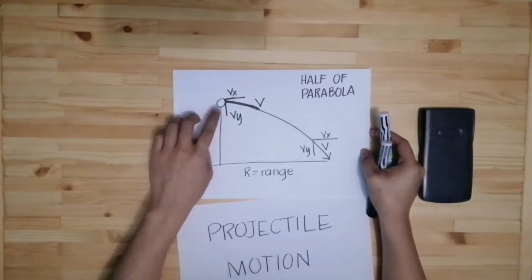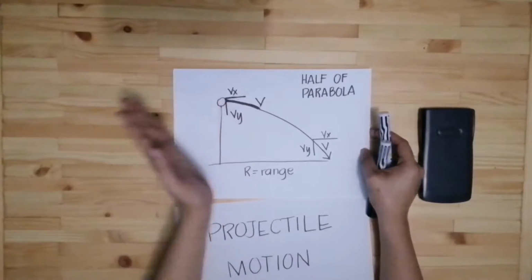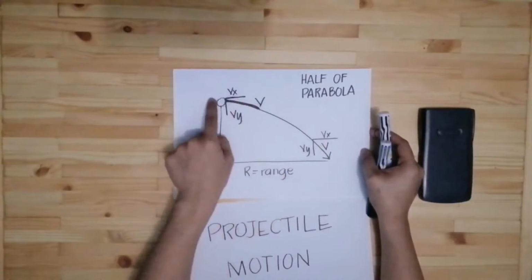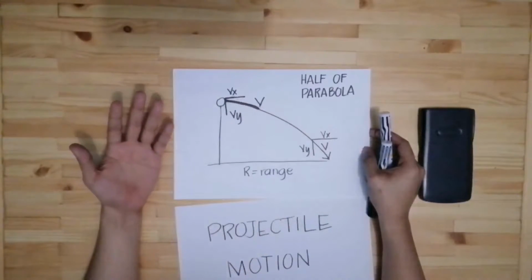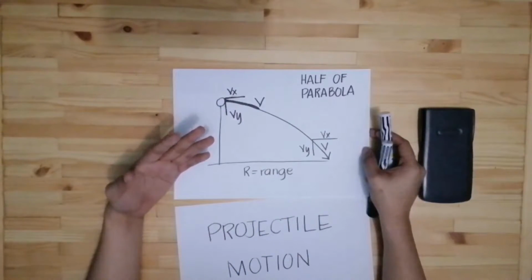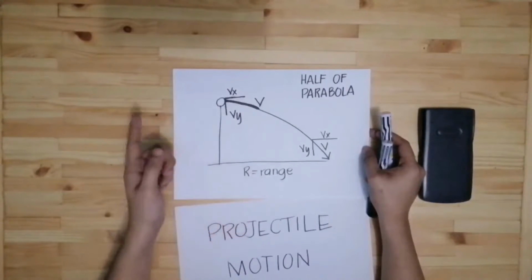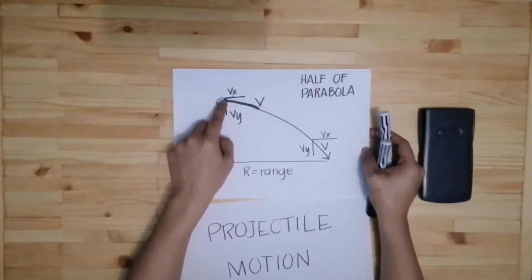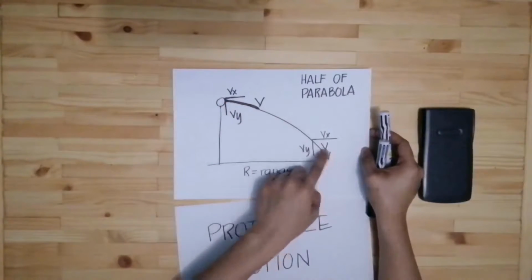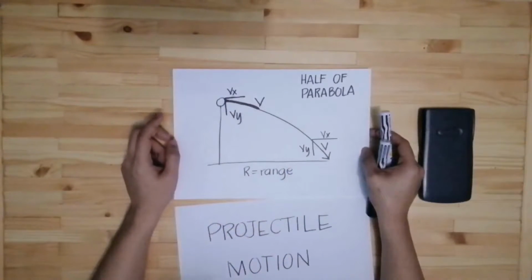So halimbawa, ito yung object, binato siya pa horizontally. So we all know that if you throw an object from a certain height, bababa siya ng bababa, pababa yung path niya. So kung mapapansin nyo, kalahating parabola lang. Kaya siya tinawag na half of parabola.